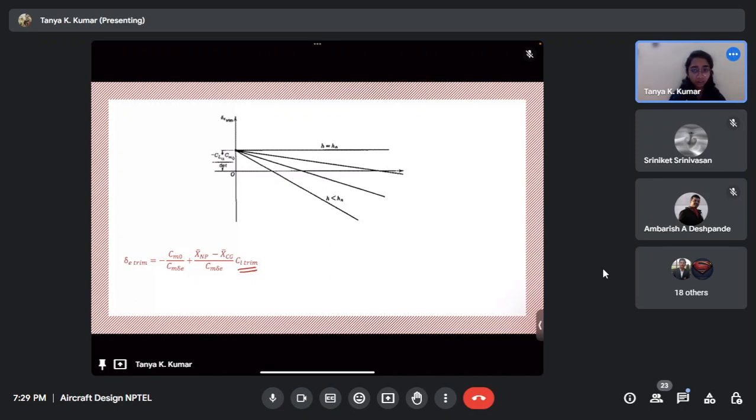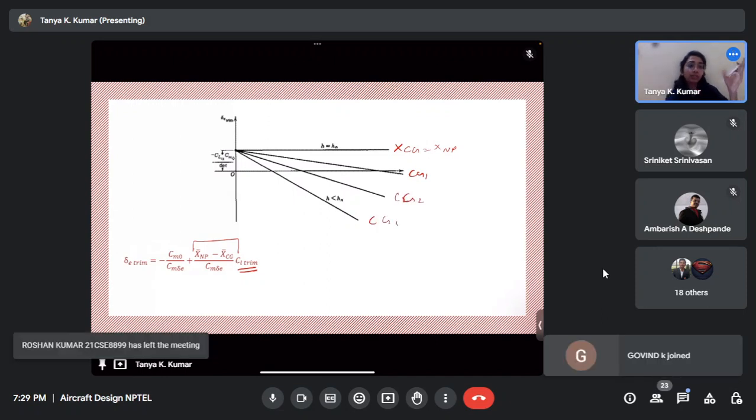Okay, so this is the graph of this equation. One of the main quantities you can see here is the XNP minus XCG. So if your CG is at the neutral point, you will have no slope. So this line corresponds to XCG equals XNP. And then you have CG1, CG2, CG3, which move away from the neutral point.